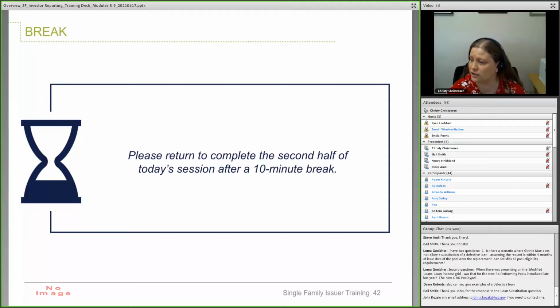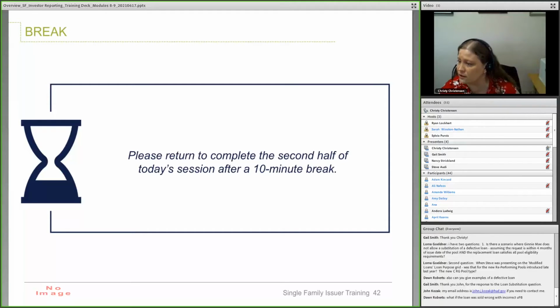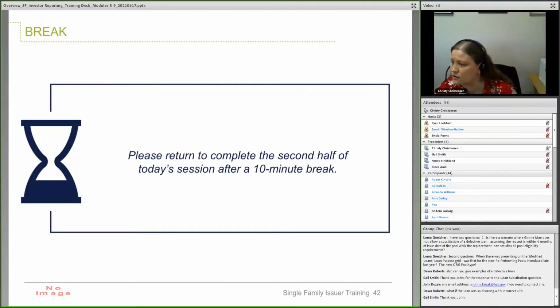Oh, and it looks like Dawn is typing. What if a loan was sold at the wrong and incorrect UPB? No, that we would have to work with Christy and her group to try to make the changes.